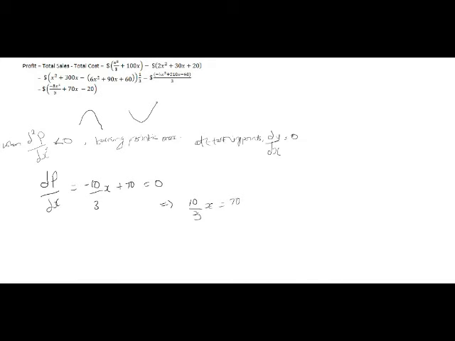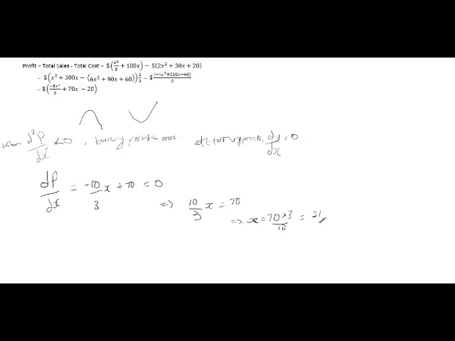We can make x the subject of the formula by dividing each side by 10 over 3, which gives us x is equal to 70 times 3 over 10, which gives us 21. That is, we have our number of articles to be 21 for us to have the maximum value of profit at the turning point.